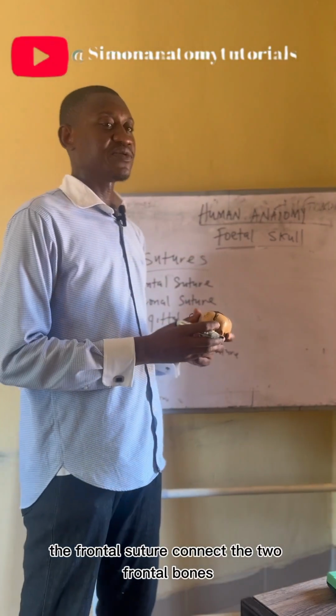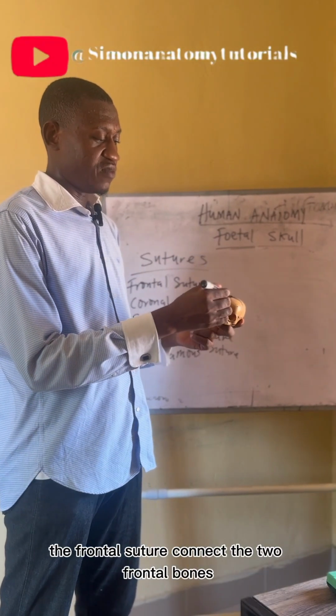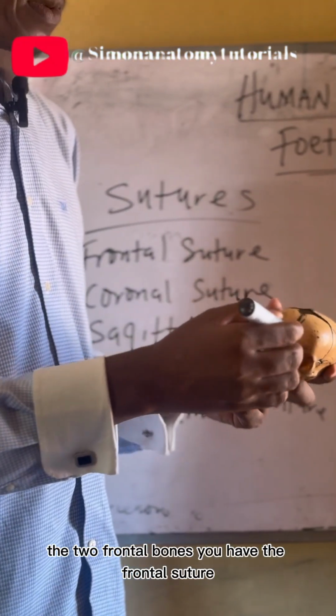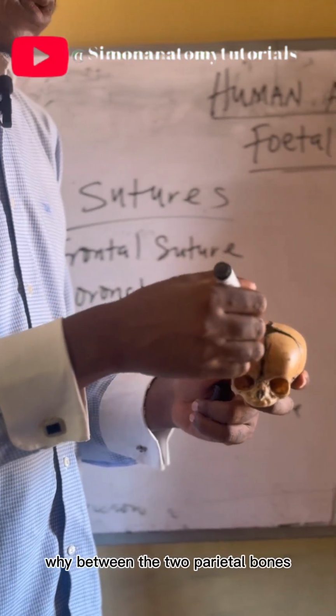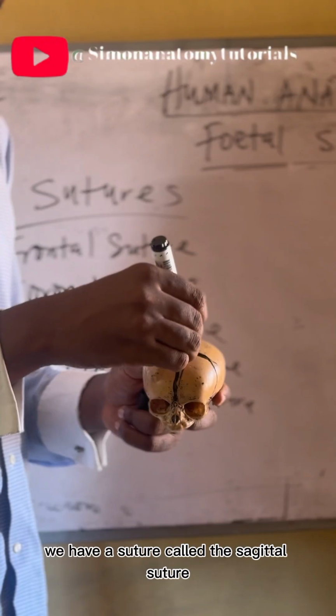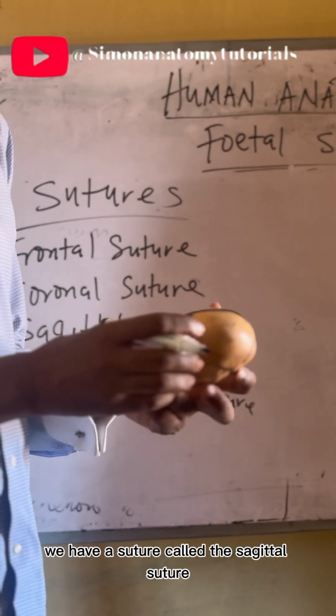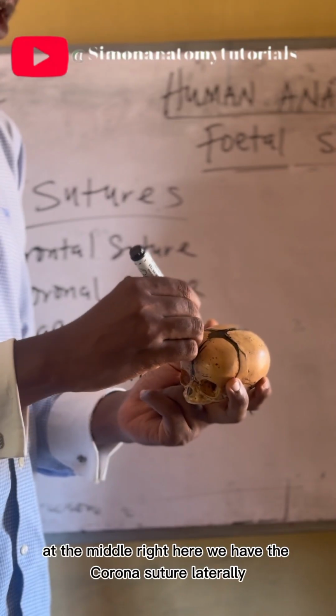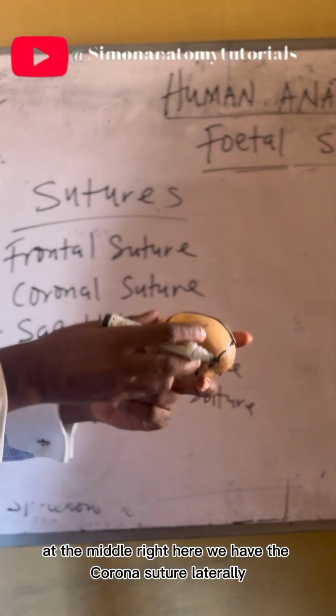The frontal suture connects the 2 frontal bones. So between the two frontal bones, we have the frontal suture, while between the two parietal bones, we have a suture called the sagittal suture. Between the frontal bones and the parietal bones, at the middle right here, we have the coronal suture.